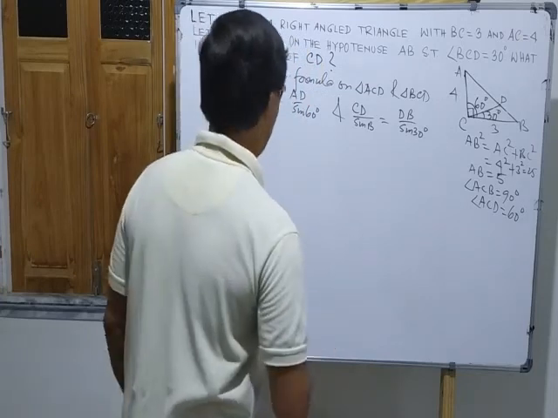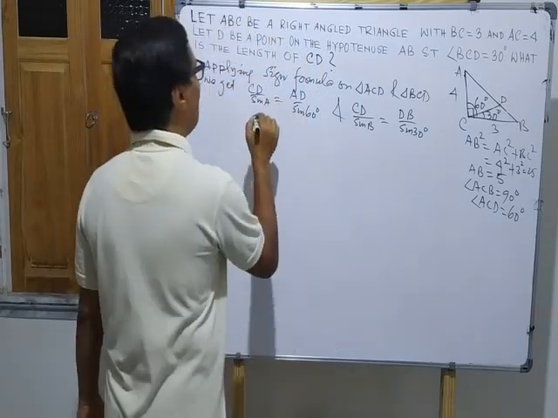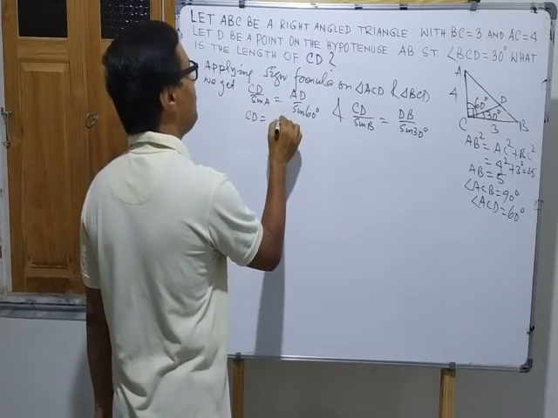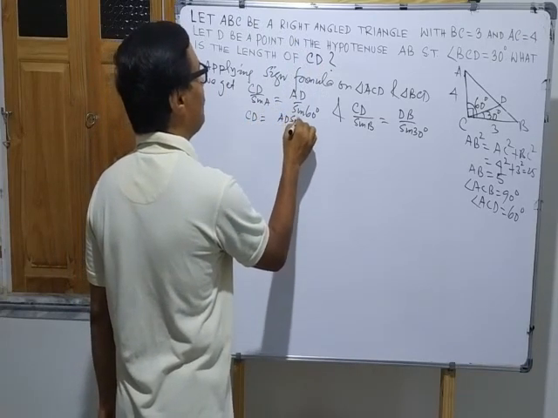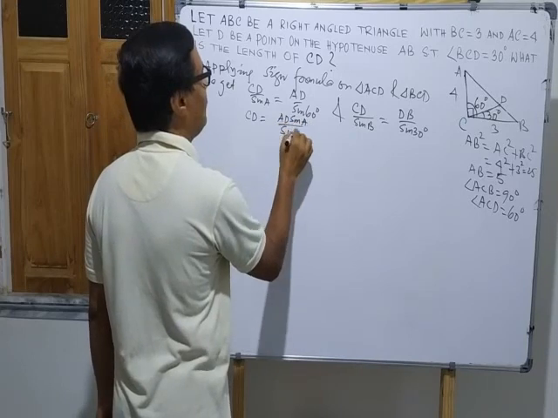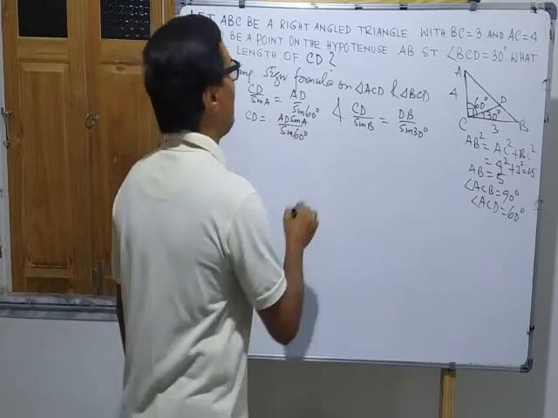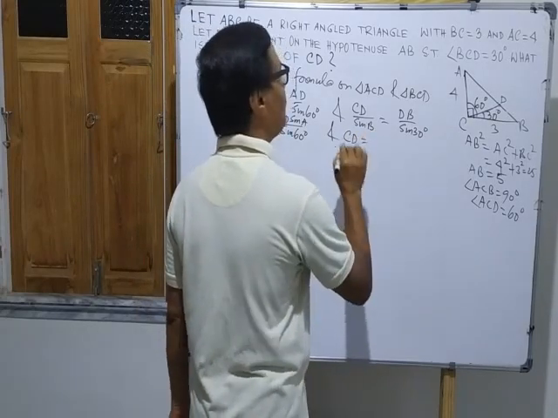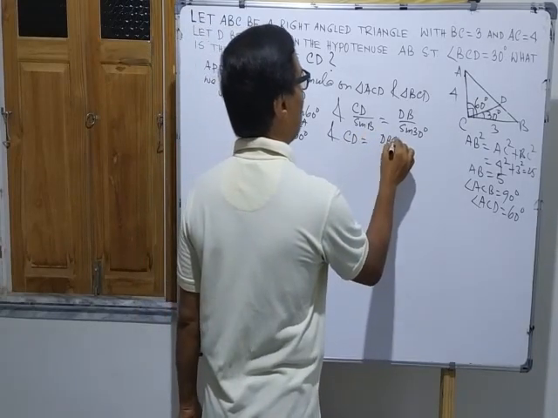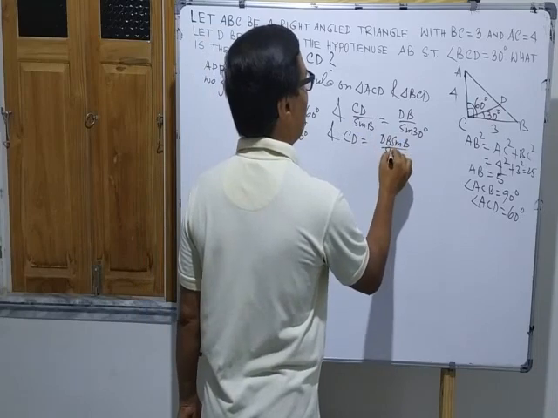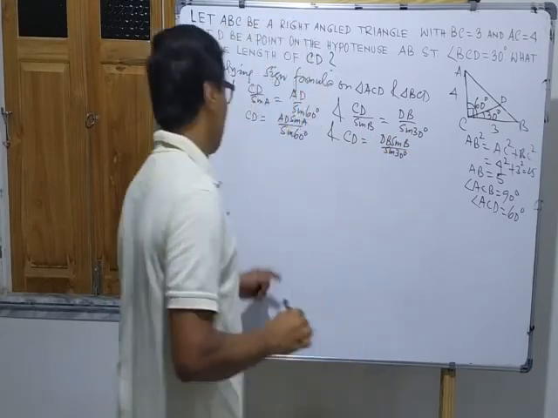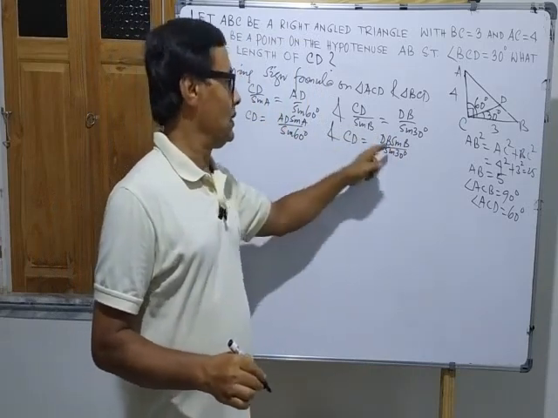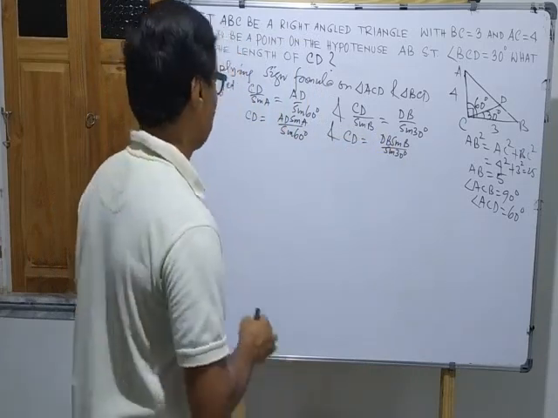Now from this equation we get CD equal to AD sine A over sine 60 degrees, and here also CD equal to DB sine B over sine 30. CD equal to this and CD equal to this, so the right hand sides are equal.